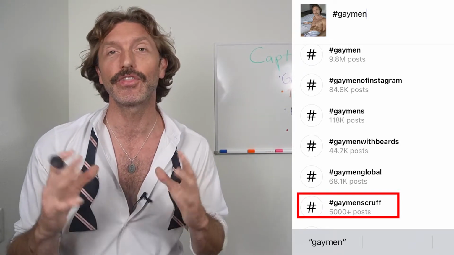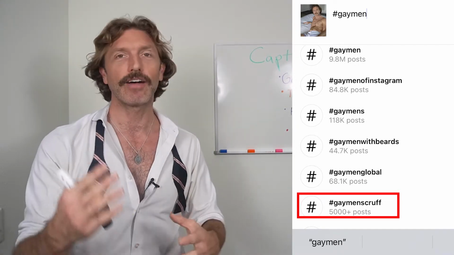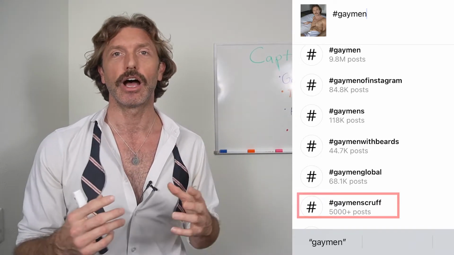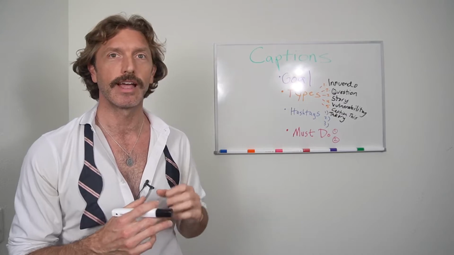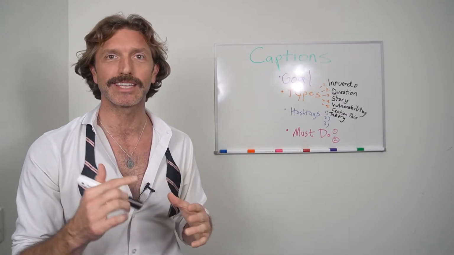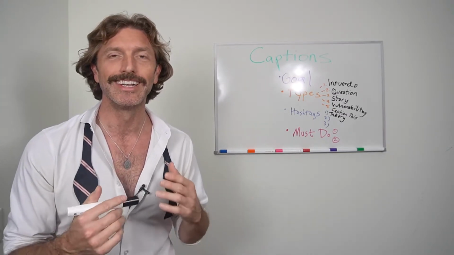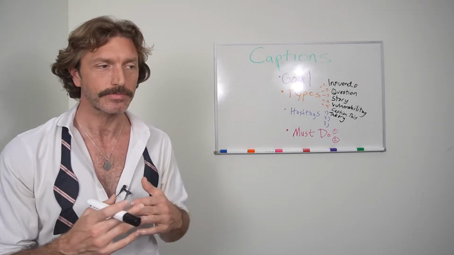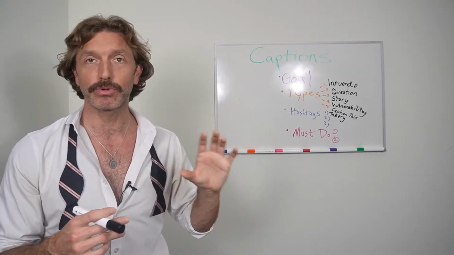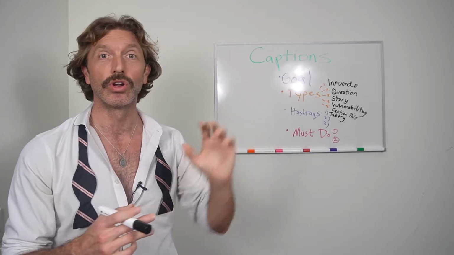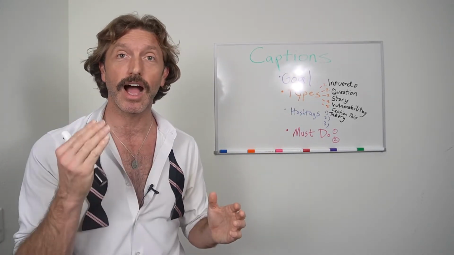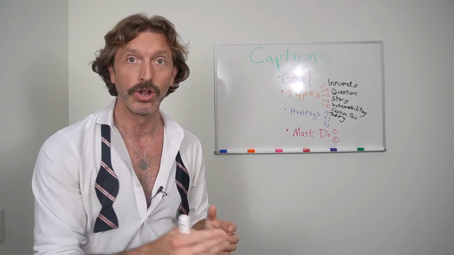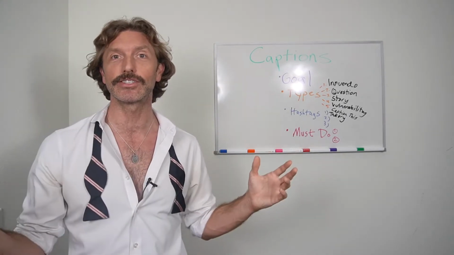Now, my theory here is have a combination of that popularity. Have some really popular ones, have some medium popular ones, have some rare ones. The theory is this: yes, if people are searching the hugely popular hashtag, a lot of eyes are going there, but you're also kind of lost in a sea.